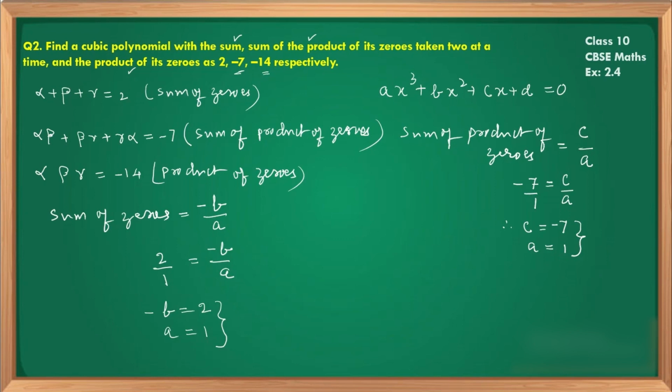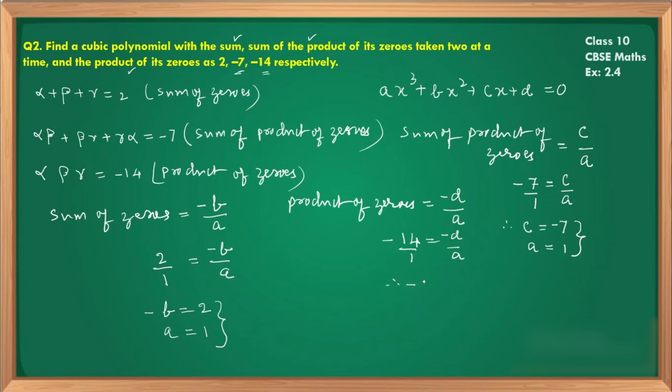Now the third stage is product of zeros. The product of zeros is equal to minus d by a, and in the question it is already given as minus 14 equals minus d by a. As usual, in the denominator you don't have anything, so put 1.